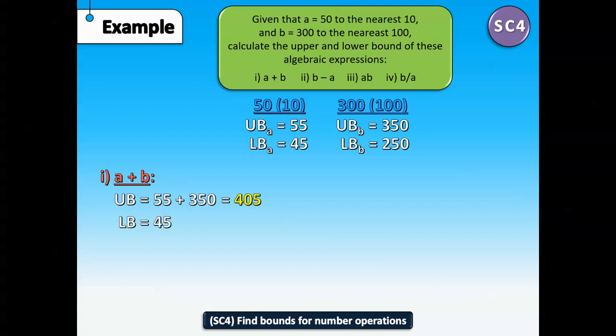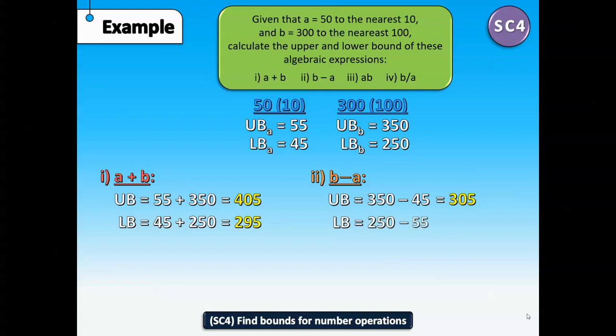And we do the lower bound by adding the two lower bounds together. b minus a, to find the upper bound, do the upper bound take away the lower bound, which is 305. And to get the lower bound, do the lower bound take away the upper bound, which is 195.